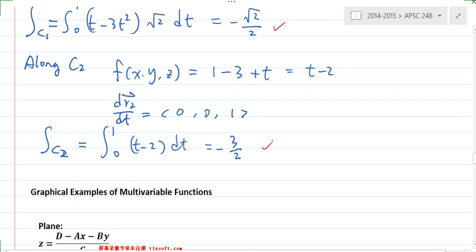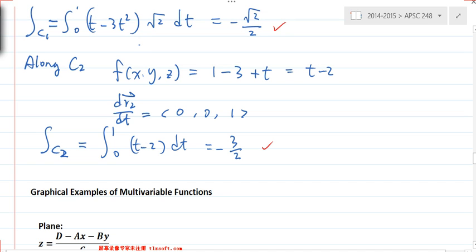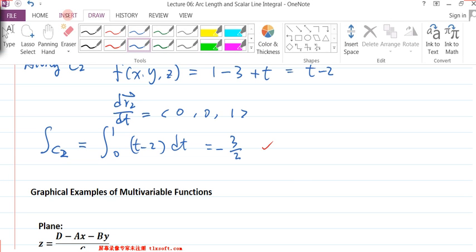Okay, so I'll make use of the last 5 or 10 minutes here to talk a little bit more on a new topic now. I'm going to get away from vector temporarily and go into functions, the scalar case.